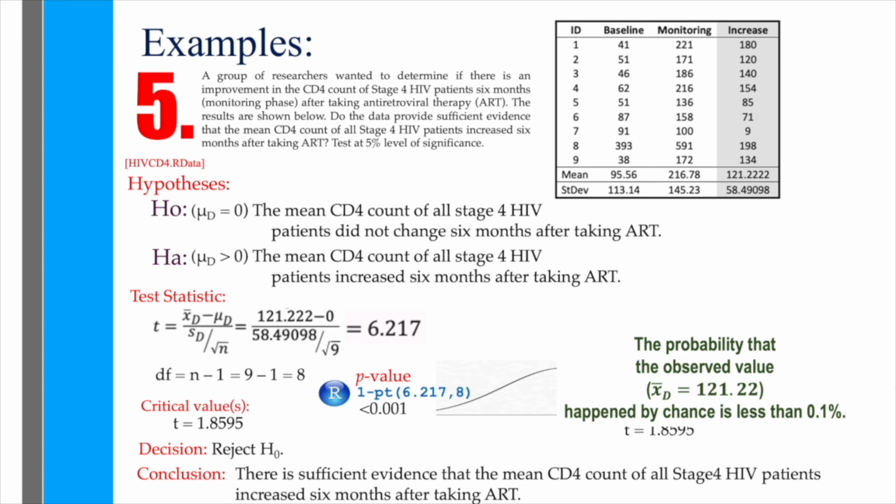This implies that the probability that the observed value in which the mean of the differences is not 0 happened by chance is less than 0.1%, which is extremely small compared to 0.05. Thus, there is no reason to doubt the alternative hypothesis. That is why our conclusion is in favor of the alternative hypothesis.